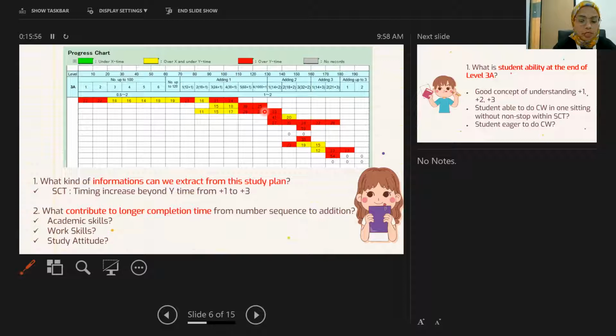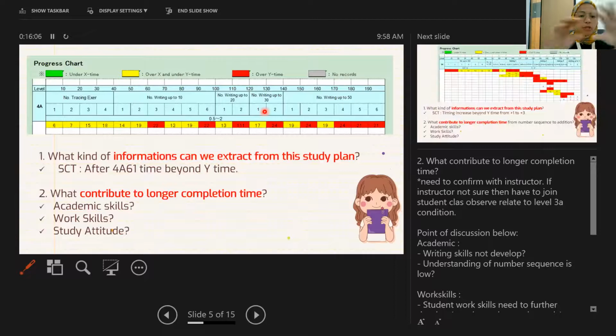But it's okay. At least with this, this is also why I want to discuss with you. If you recall back in level 4A, you were able to see the study plan and understand what contributed to the longer completion time, right?